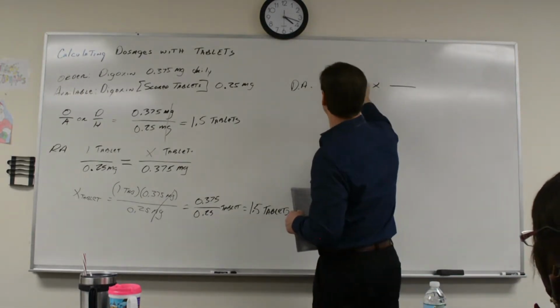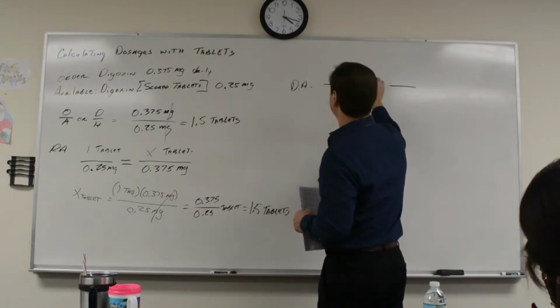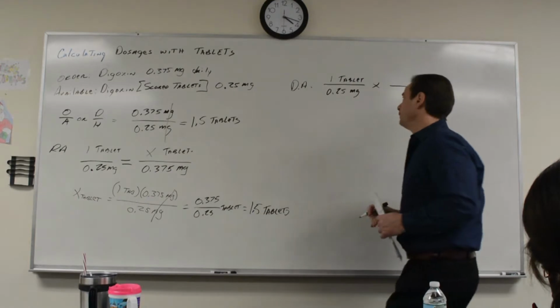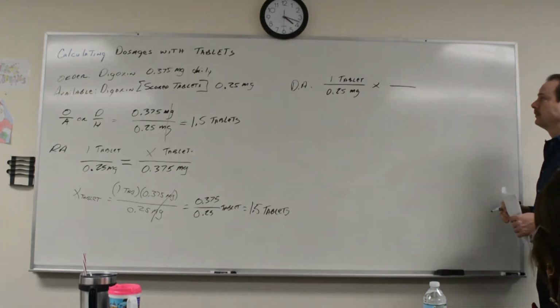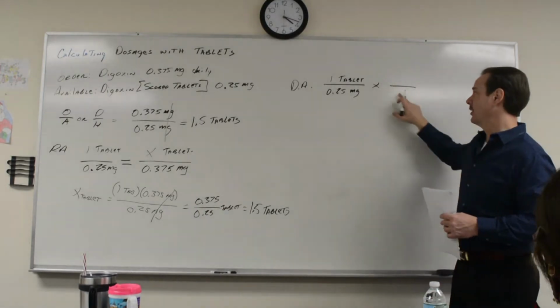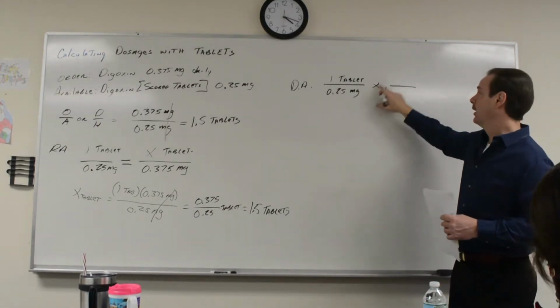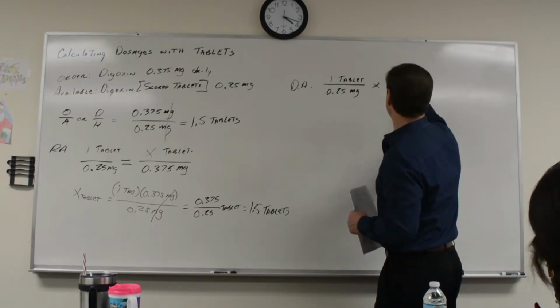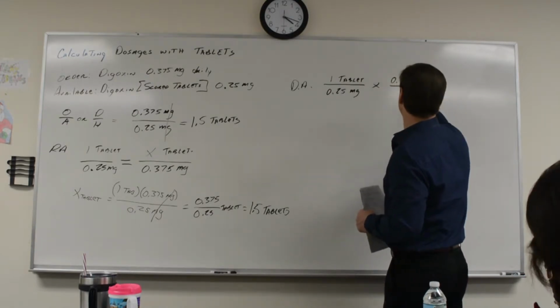So one tablet is equal to 0.25 milligrams. This is a little different than what we're used to. Usually we're canceling out the tablets, right? Here, we're going to put what? Milligrams on top? Yeah, 0.375 mg on top.